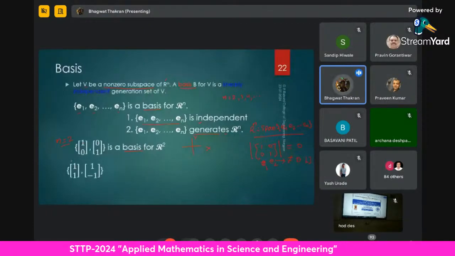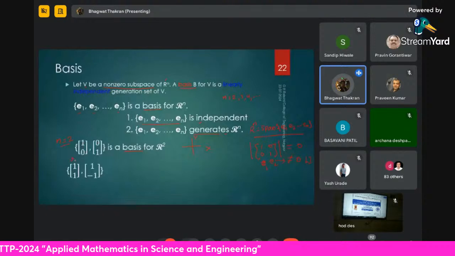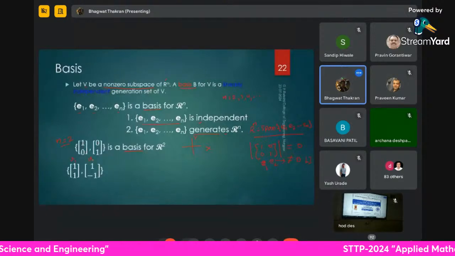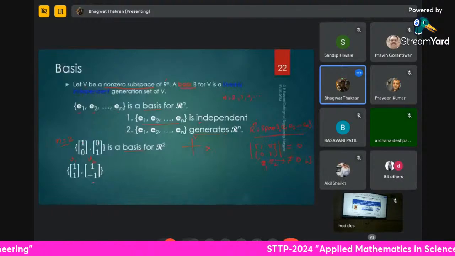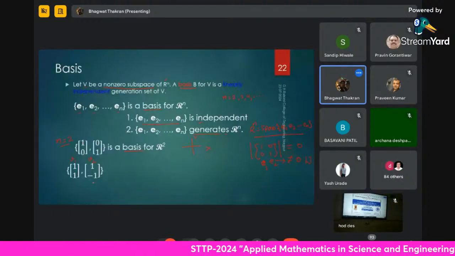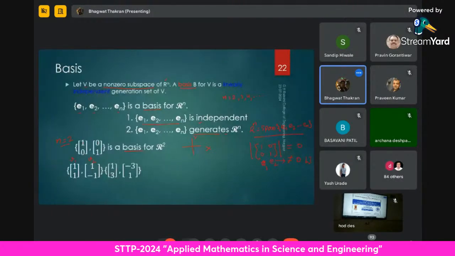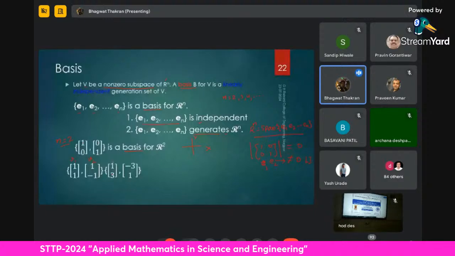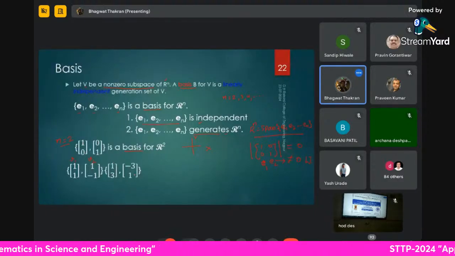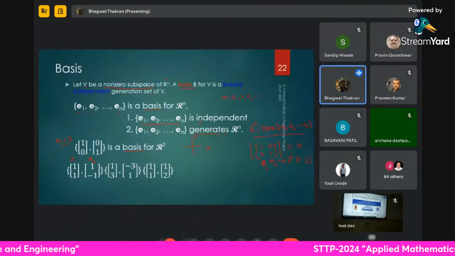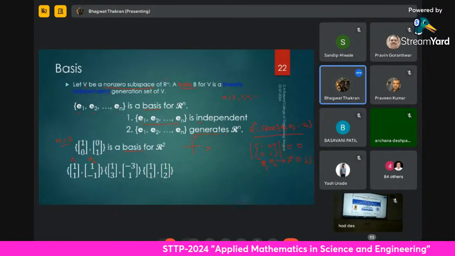Consider some sets: vector v1 is (1, 1), vector v2 is (1, -1). Another set, vector v1 is (1, 3), vector v2 is (-3, 1). Another set, vector v1 is (1, 1), vector v2 is (1, 2).